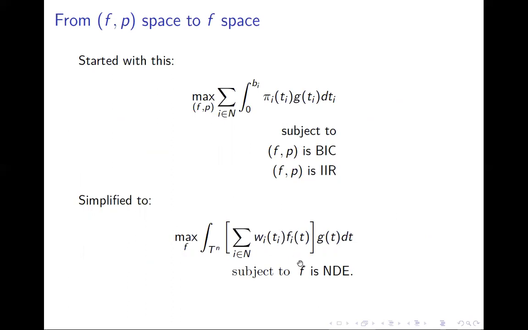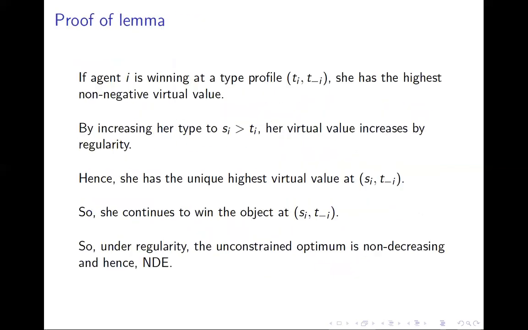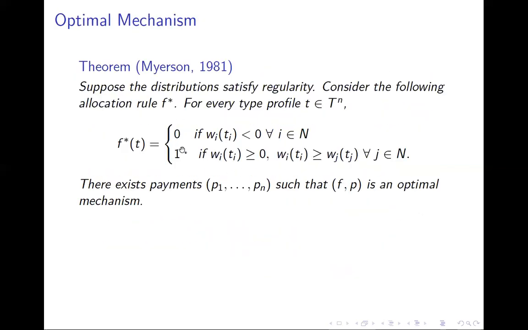And we know from our revenue equivalence formula that if you choose p according to that formula, it will always satisfy the incentive constraints. So here, once we saw that f satisfies the non-decreasingness condition, we chose p such that it satisfies DSIC constraints. Hence, it will also satisfy BIC constraints.